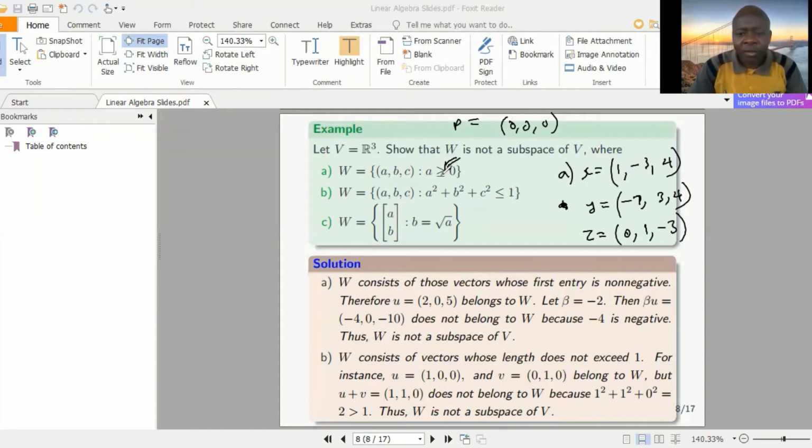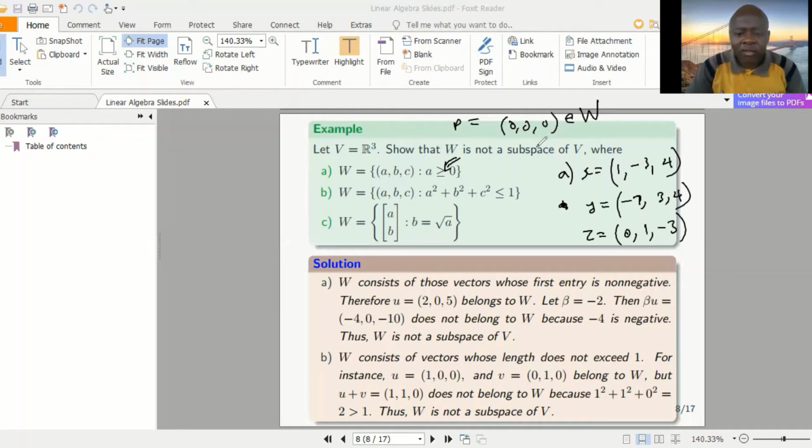Yes, it fulfills this condition. So this vector is in W. Nothing is said about the second element and the third element. They can be any number. We are only interested in the first element. That means this set has the zero vector.